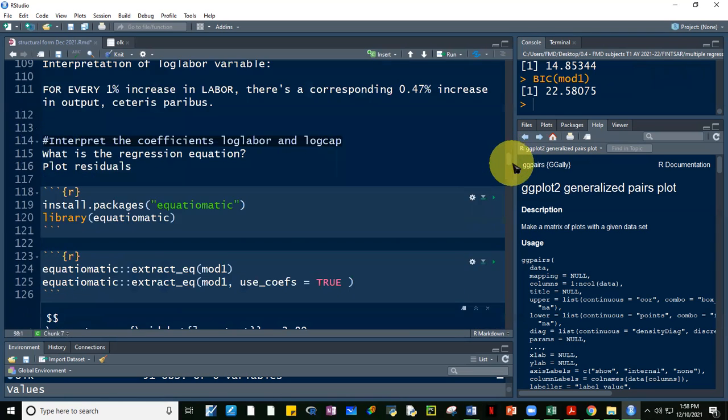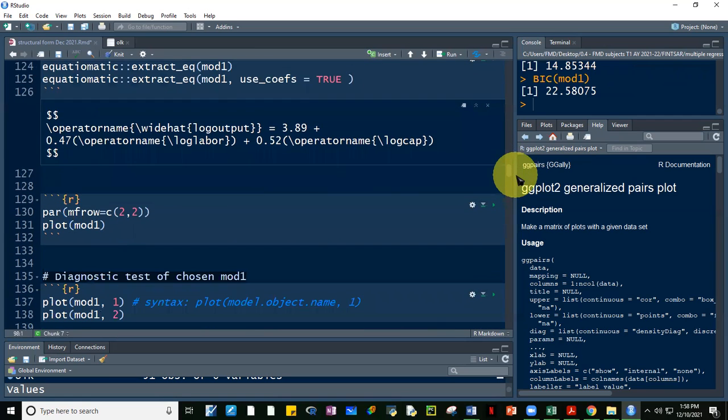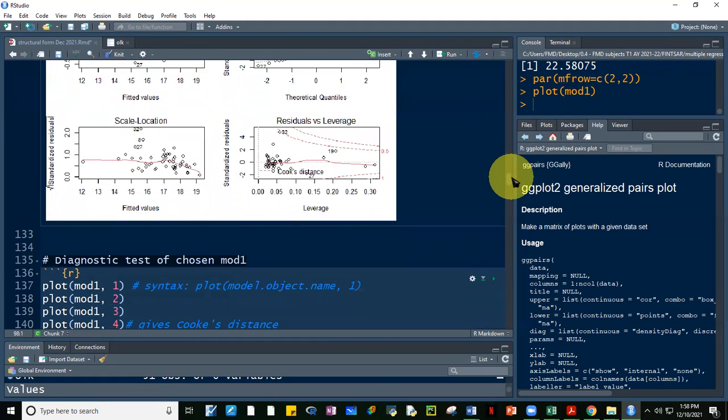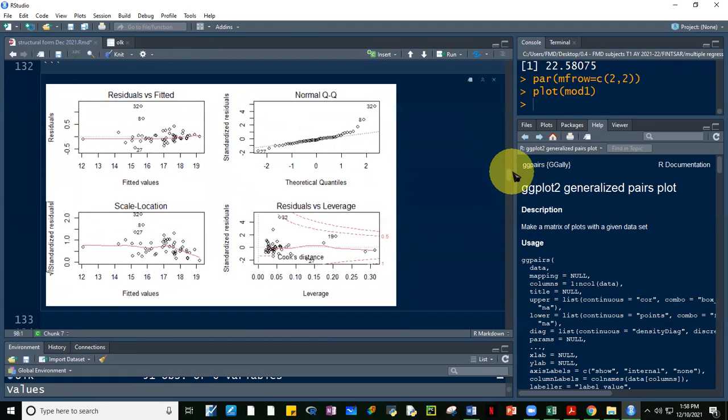Okay, so let's now go to, okay, this one will now plot yung sa diagnostics natin. So i-plot natin to, partition, number of rows 2 by 2. So i-plot natin yung sa model 1. So let's just quickly look at this, di ba? Diniscuss natin to dati. Yung number 1, it's a plot of your residuals versus your fitted.